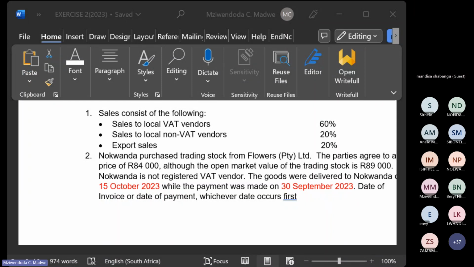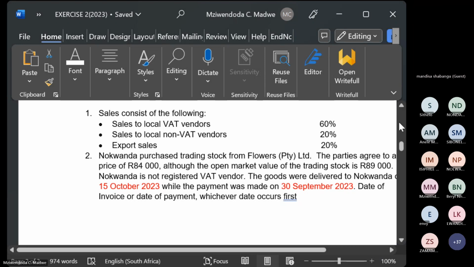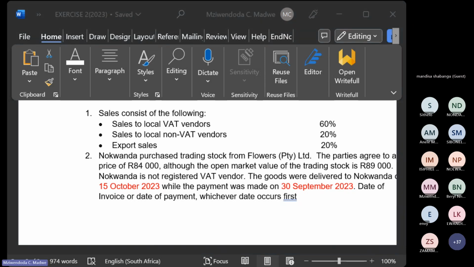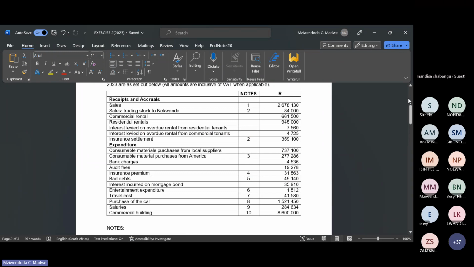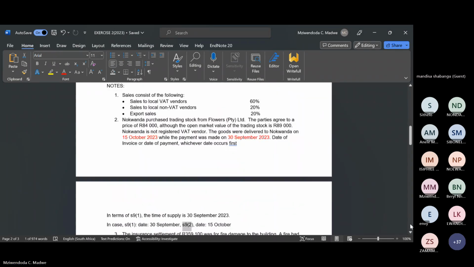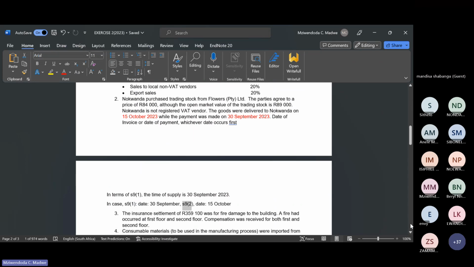Any question? Okay, let me assume that so far so good. Okay, then now siqedile go adjustment number 2.